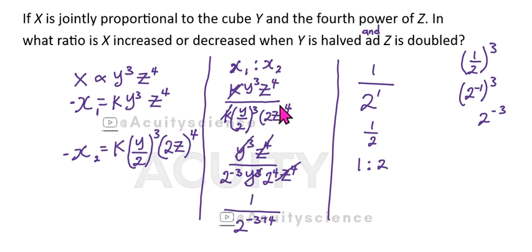The denominator is a new situation when y is halved and z is doubled, so we say it increased in the ratio 1 is to 2. Super easy.